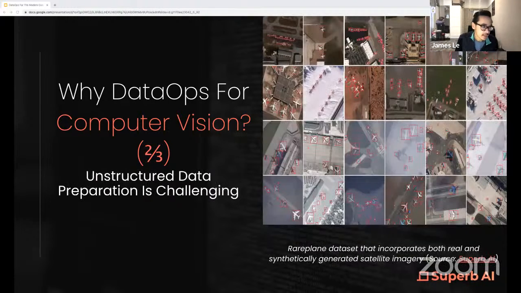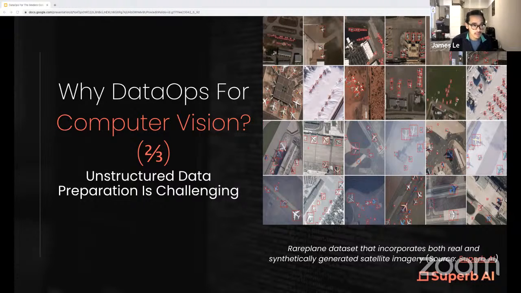The second reason is that unstructured data preparation is very challenging. As you can see in the slide, these are some examples of datasets, like RarePlanes, that incorporate a lot of real and synthetically generated satellite imagery. And you can see that you have to be very meticulous about how to label these data points.